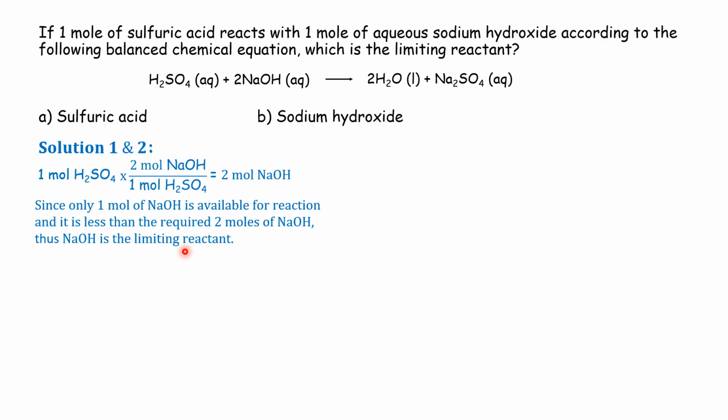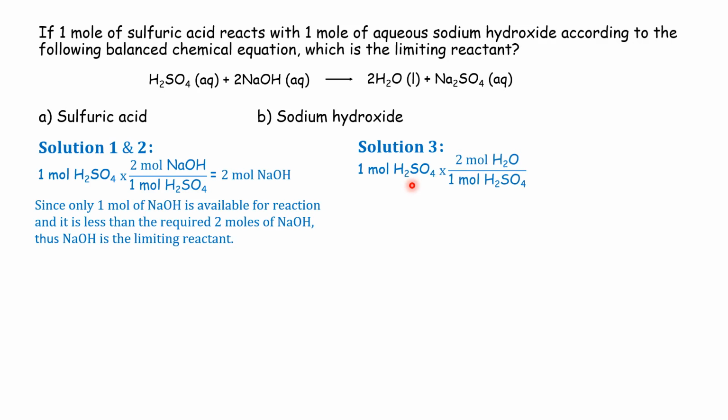So now the next solution. This is the traditional solution, or the solution people use most often. Start with what we know. We know 1 mole of sulfuric acid. We convert this quantity to one of the products.